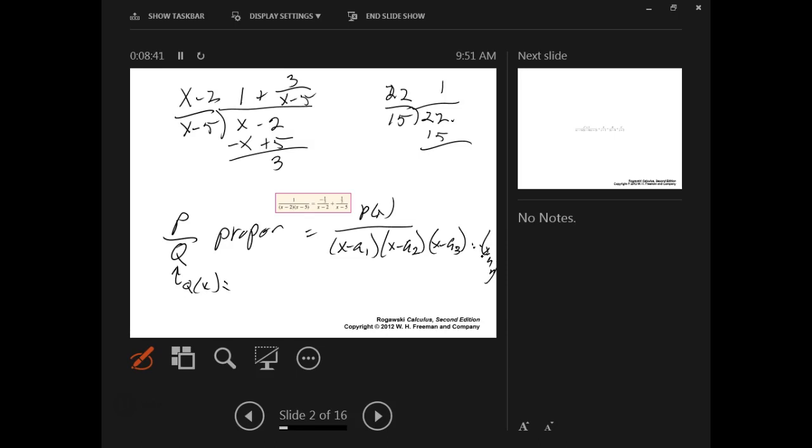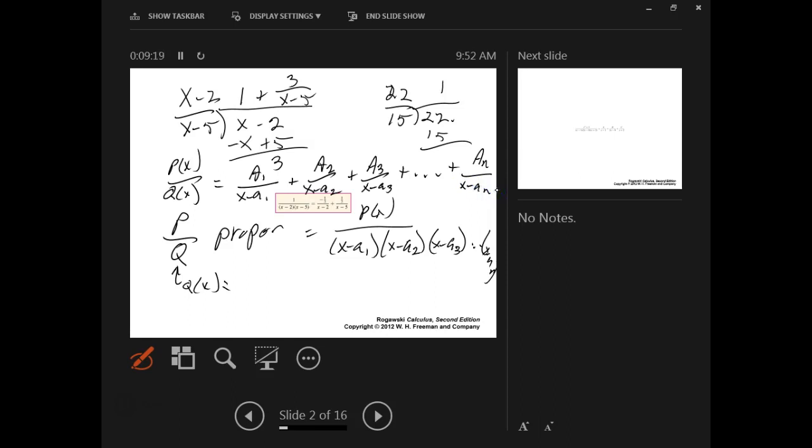Then there is a partial fraction decomposition that you can do, and this P of x divided by Q of x is going to be some A1 over x minus a1 plus A2 over x minus a2 plus A3 over x minus a3 plus ... plus A sub n over x minus a sub n.